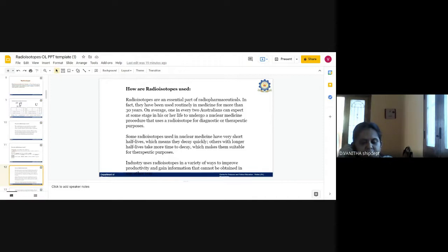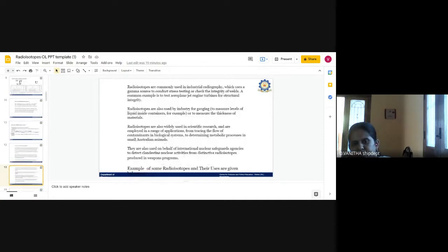In industry also we use radioisotopes. They are used to improve productivity and gain information, and this information cannot be obtained in any other way. Only by using radioisotopes can we get this information.